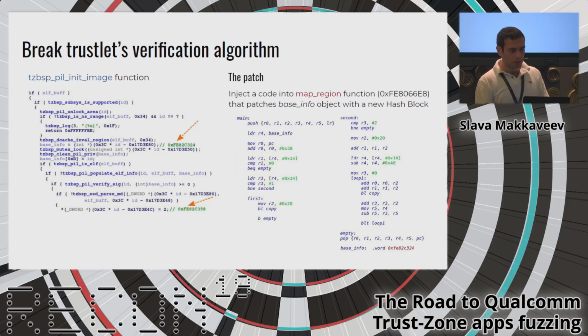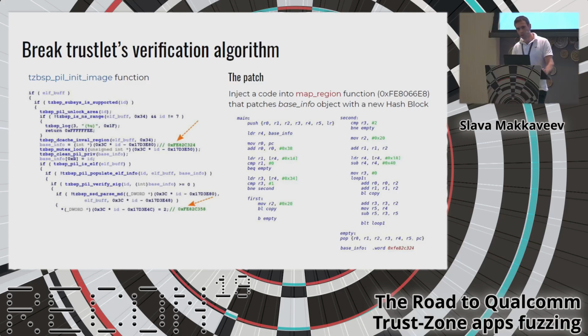This is the code of the pil_init_image function. Here I marked two global variables. The first of them is the base info object, which holds all results of hash segment parsing. After that, in this function, this base info object will be validated. And in case the signature is correct, another variable will indicate that we have finished and everything is good.